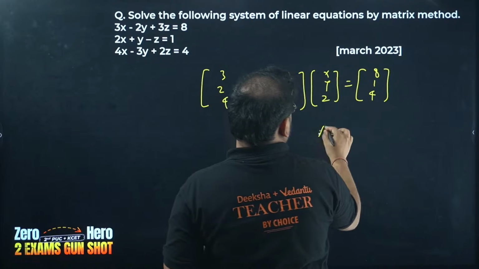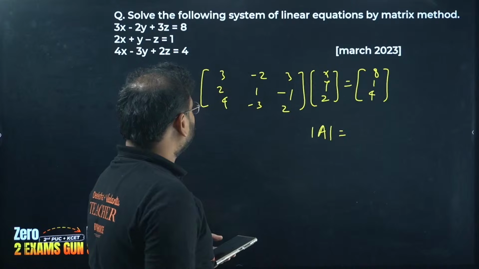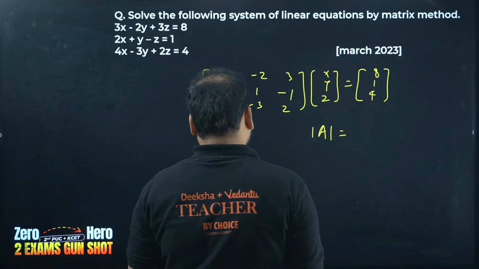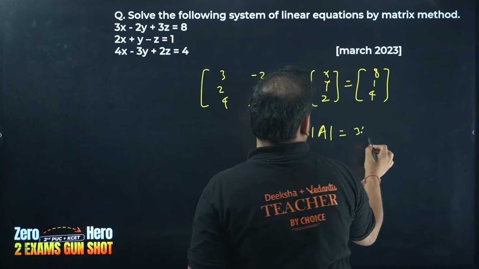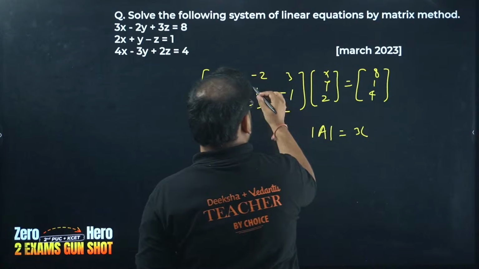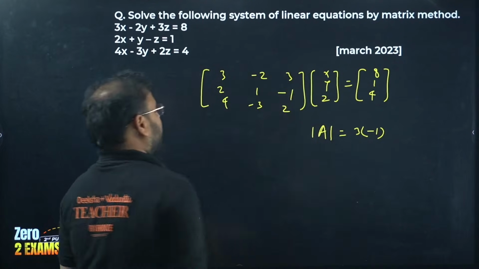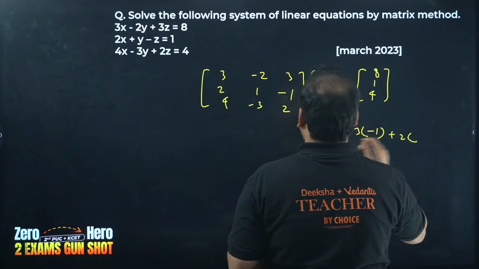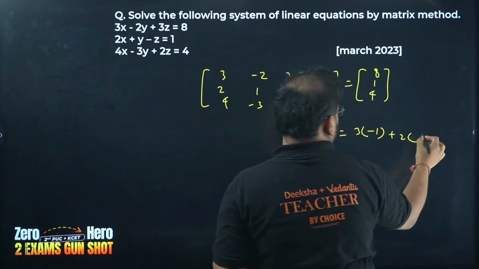Okay, so find the determinant value. You'll end up with 3 into 2 plus 6, that is 8. Then 3 into 2 minus 3, that's minus 1. Correct? 2 minus 3, that's minus 1. And with plus 2 you'll have 4 plus 4, which is 8.